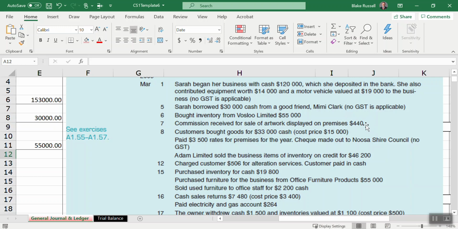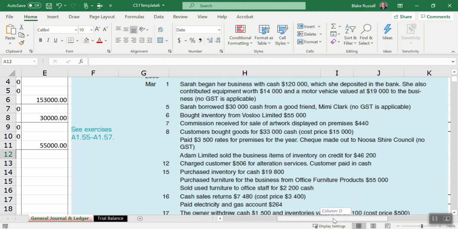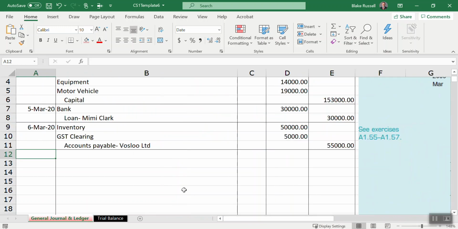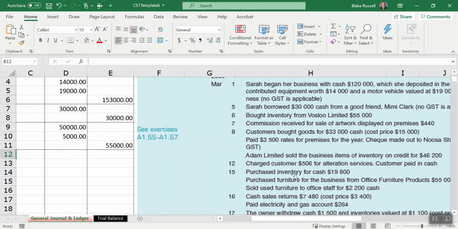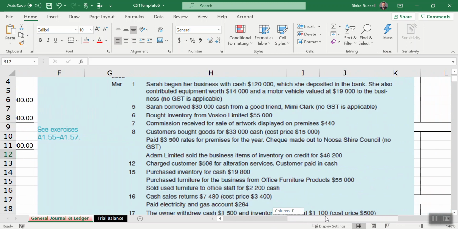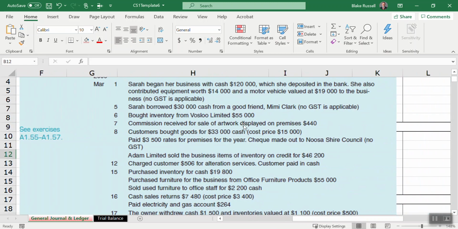They're giving us a bit of a cut of it, and it's $440. 7th of March. So commission received for artwork displayed on premises is $440.